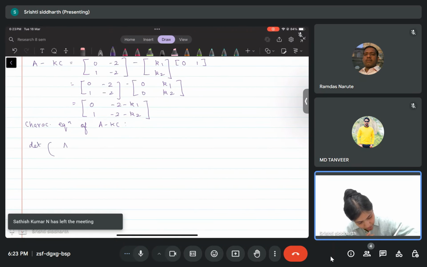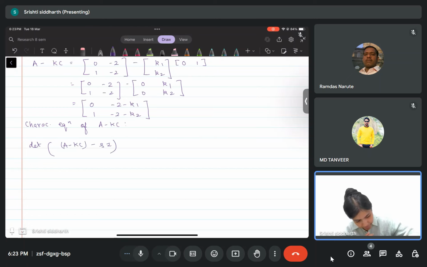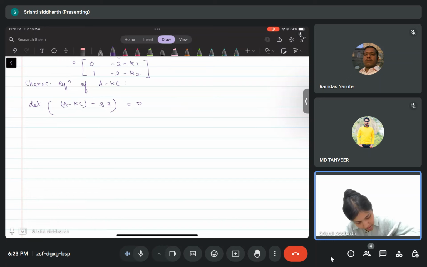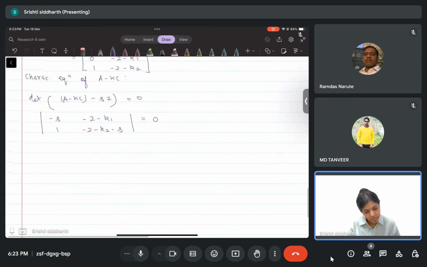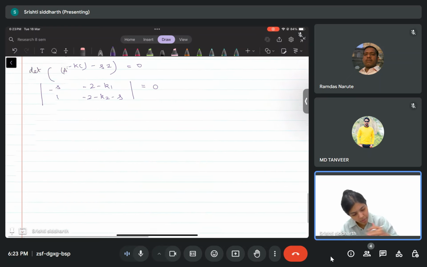Determinant of A minus Kc minus sI equals 0. So this is minus s, minus 2 minus K2 minus s, and the off diagonal entries remain the same. This should be 0. Alright, so let's compute this determinant.